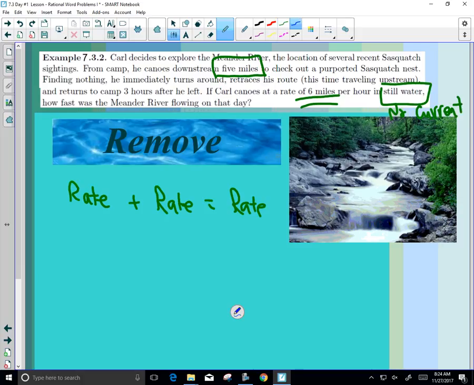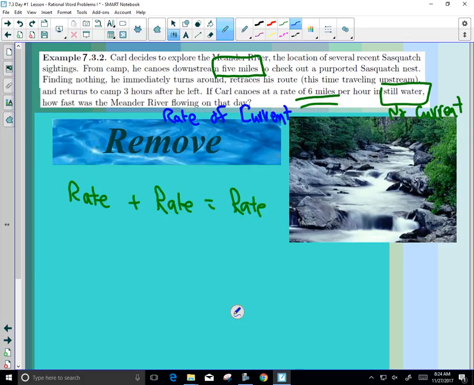How fast was the river flowing on that day? Or in other words, what is the rate of the current? Well, now when I look at this, the rate of Carl paddling plus the rate of the current is not a constant rate, is it?